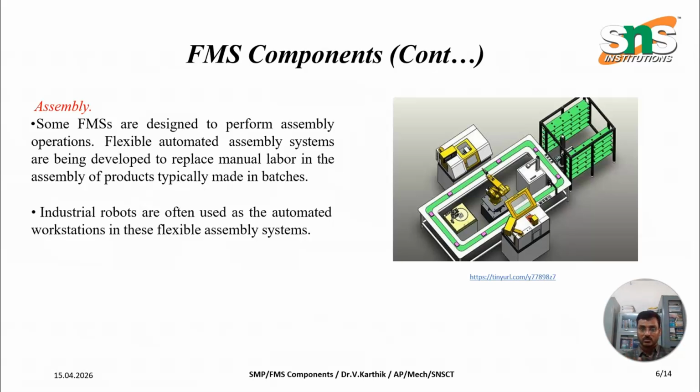Industrial assembly components we can also see in many YouTube videos, where on the conveyor, the machines will come, and the robot or some other sensor will fix that particular part to the particular area to complete it as a full product. This is what the assembly is about.